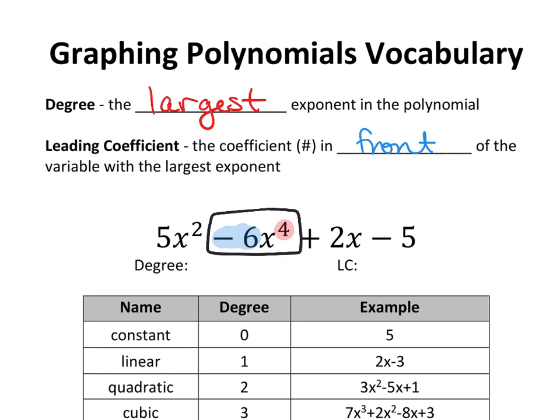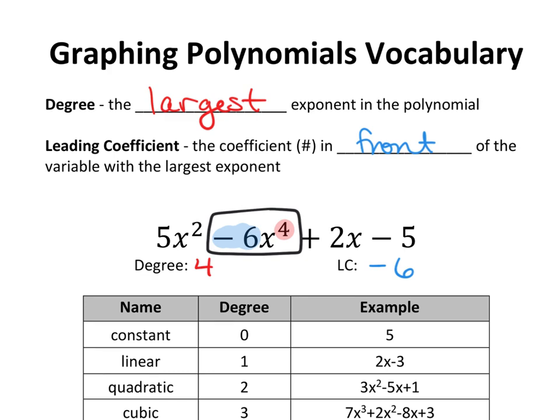And leading coefficient has a lot of letters in it, so we're going to shorten that to LC. So if we were answering the questions below it, it would be degree 4, and its leading coefficient would be the number -6. Does that make sense? Degree and leading coefficient.